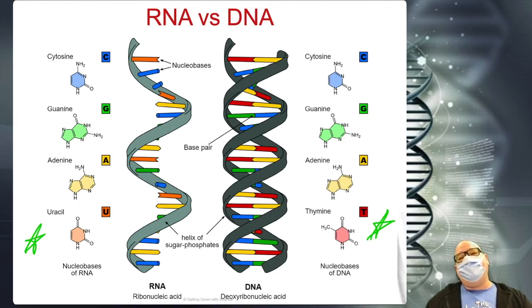Another big difference is which sugar they use. The deoxyribonucleic acid has a different amount of oxygen on the ring than ribonucleic acid. So the structure of the sugars is slightly different in RNA and DNA. All right.